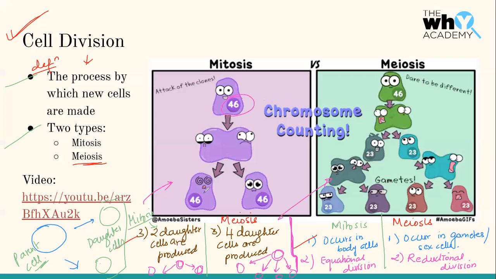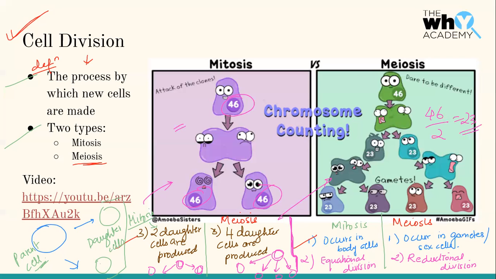What equational division and reductional division mean is, if you see here, 46 is maintained as 46 only, it is maintained equal. That's what equational means. And reductional means if you divide 46 by 2, you get 23, so it has become half. I would not like to elaborate more on this second point because for that you have to understand a lot more things, so it is not required.